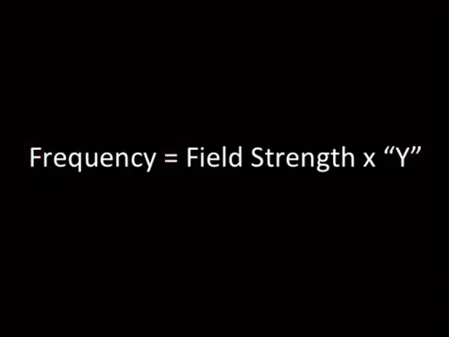Remember this equation here? I think I talked about this in the very first lecture. This is your Larmor equation, where you've got frequency being determined by the field strength times some constant. And that constant is related to whatever it is that you're trying to image, hydrogen in most cases.